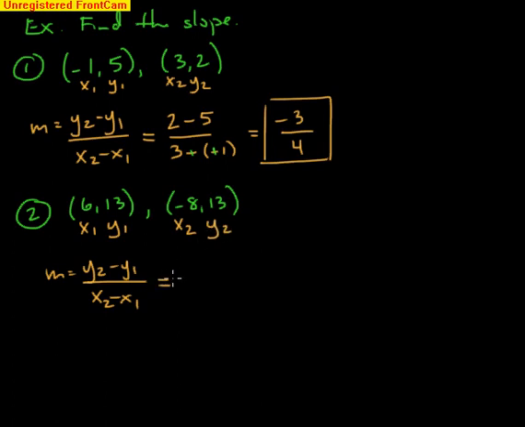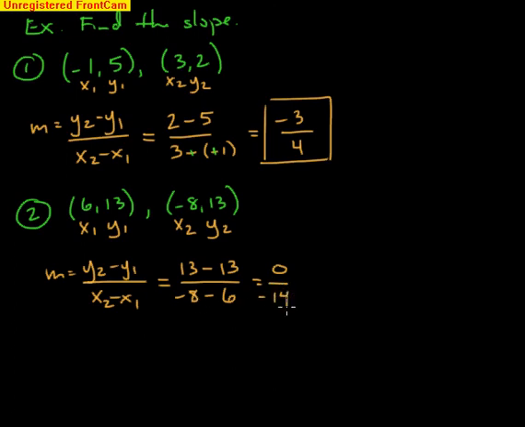x2, y2. And we plug in y2 is 13 minus y1, which is also 13. In the bottom, x2 is negative 8 minus x1, which is 6. 13 minus 13 is 0.